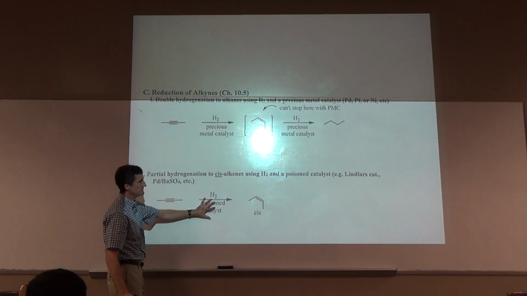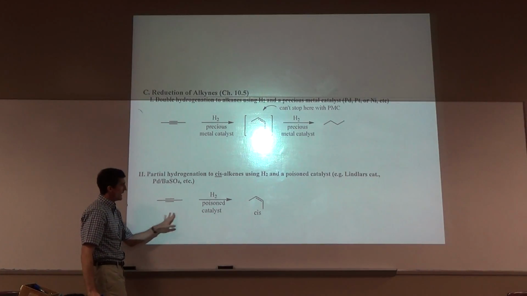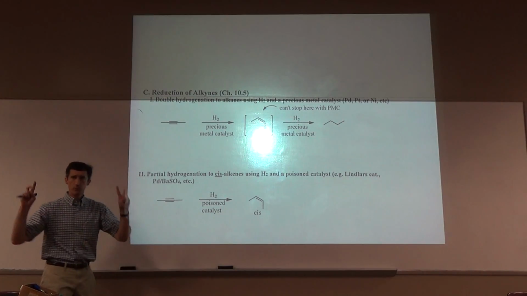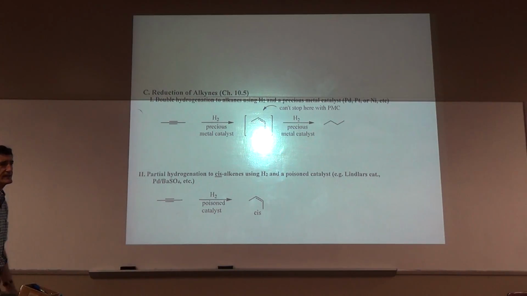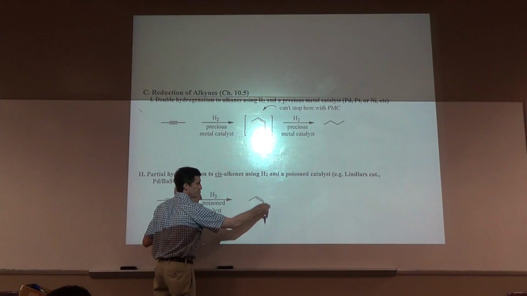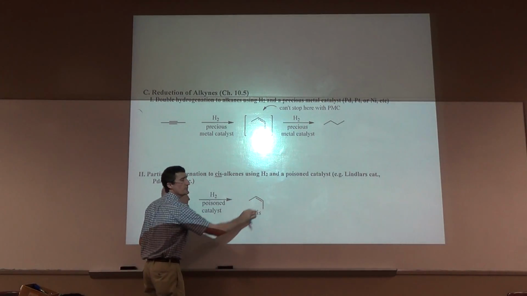This is where you take one of your standard catalysts and you add something to it to poison it, make it less reactive. And actually, in practical sense, it does allow you to get a decent yield of the intermediate. You can stop here.